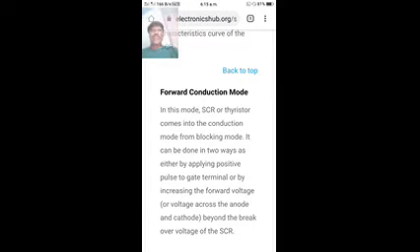Next, the mode of operation is the forward conduction mode. In this mode the SCR comes into conduction from blocking. SCR can be turned into conduction by increasing the anode to cathode voltage.